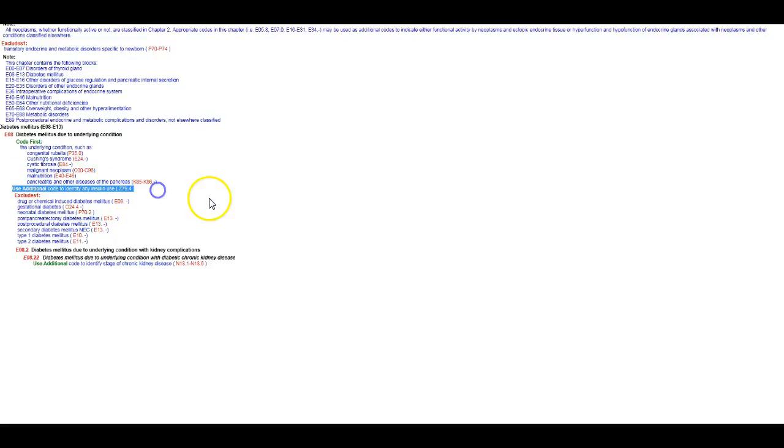Now, I have to go back and verify if the patient is actually taking insulin. The one thing dealing with diabetes is that with ICD-10, you would need to use an additional code to specify if the patient is on long-term insulin usage.